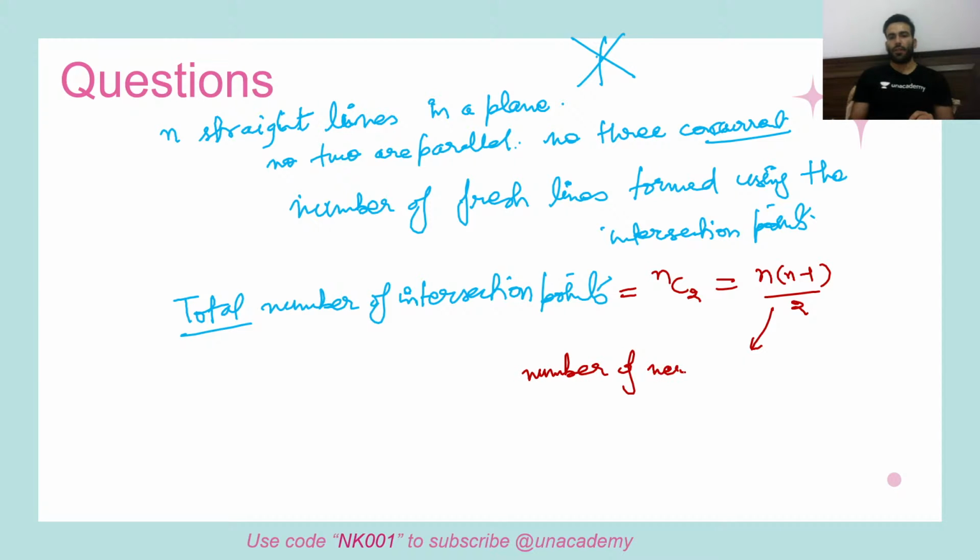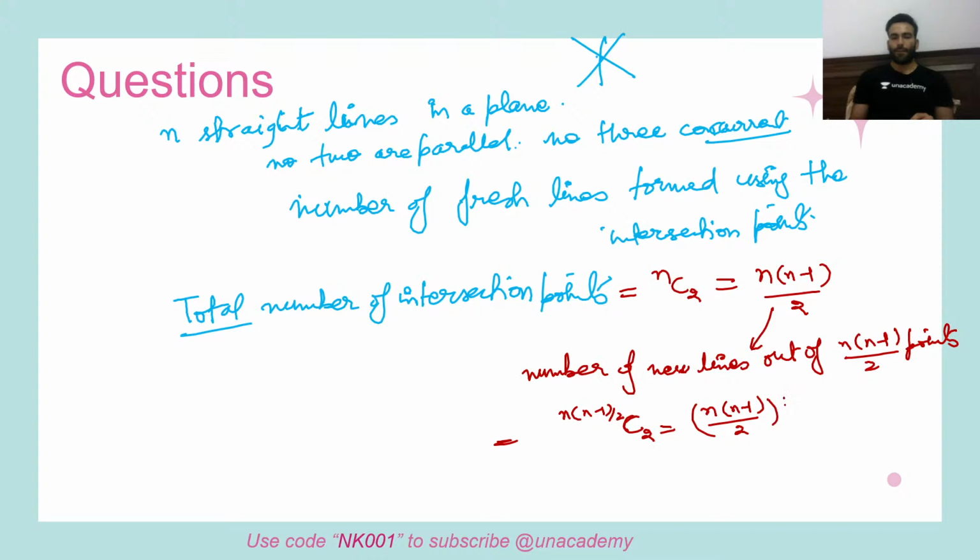So the number of new lines out of n into n minus 1 by 2 points, right? So that will be n into n minus 1 by 2 C 2, correct? So this will be n into n minus 1 by 2 factorial upon 2 factorial times n into n minus 1 by 2 minus 2 factorial.